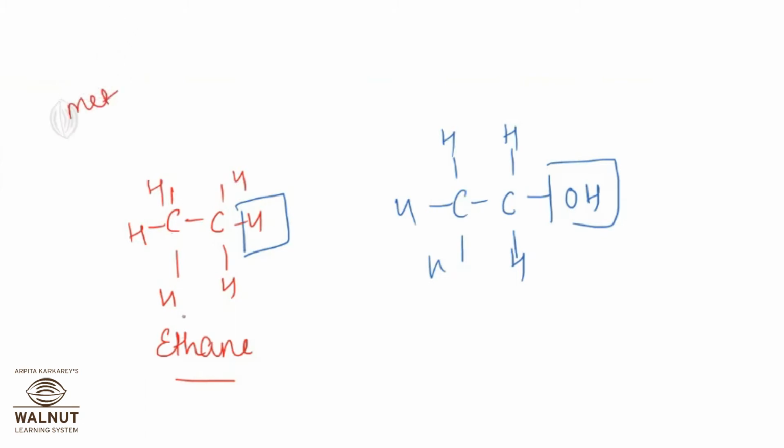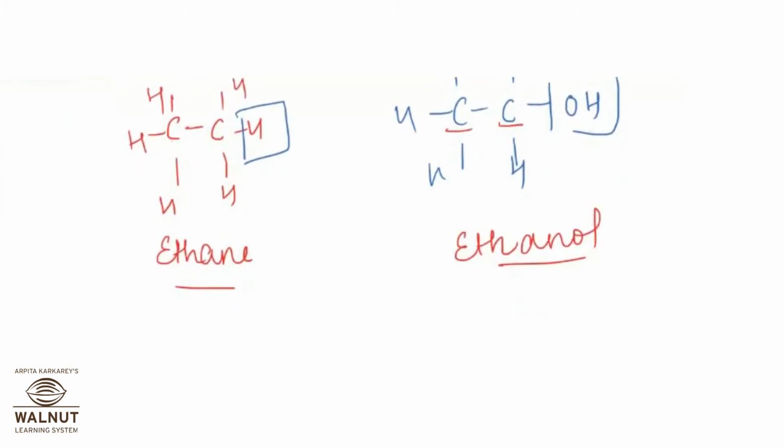Eth means two carbon. Yes, it is ethanol. So again, two carbon, so the root word is eth. And OH means it's an alcohol, so the suffix is ol. So ethanol. I hope you got a basic idea. I've tried to correlate the nomenclature part also in the functional group. Shall we move to the next set of functional groups?